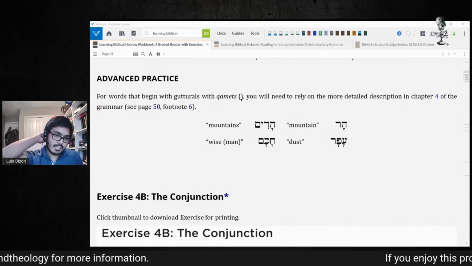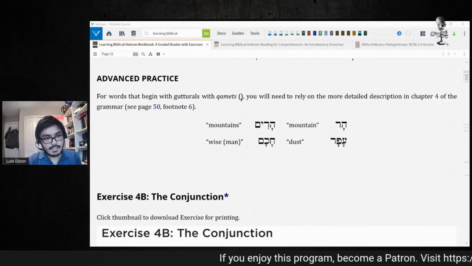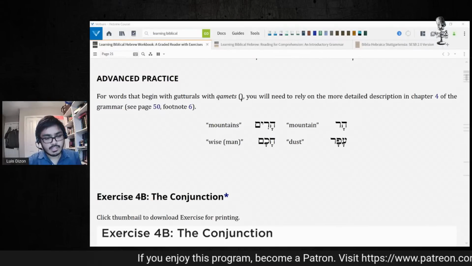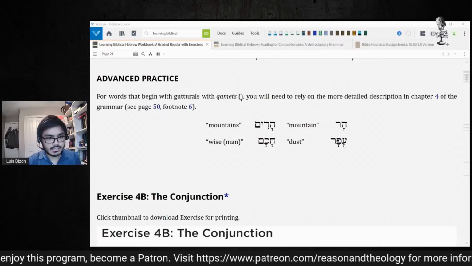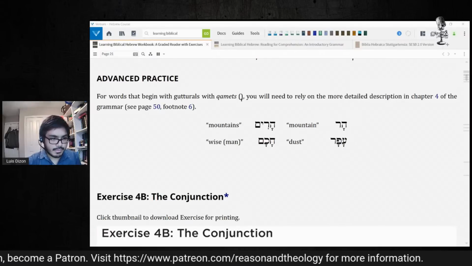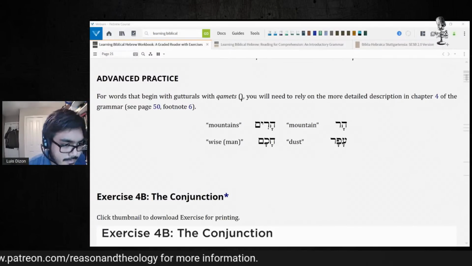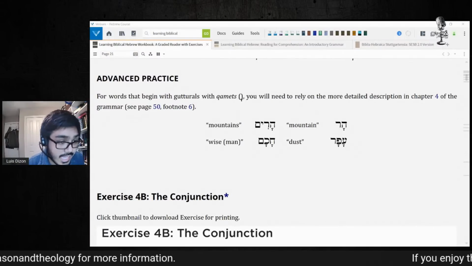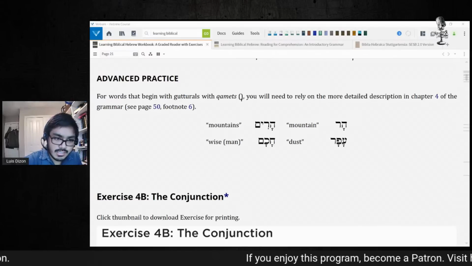And the reason for this is because it only counts if the syllable right after it is not the accented one. So remember, in Hebrew, if there is no accent marker, we assume that the last syllable is the accented one. So in this case, har.